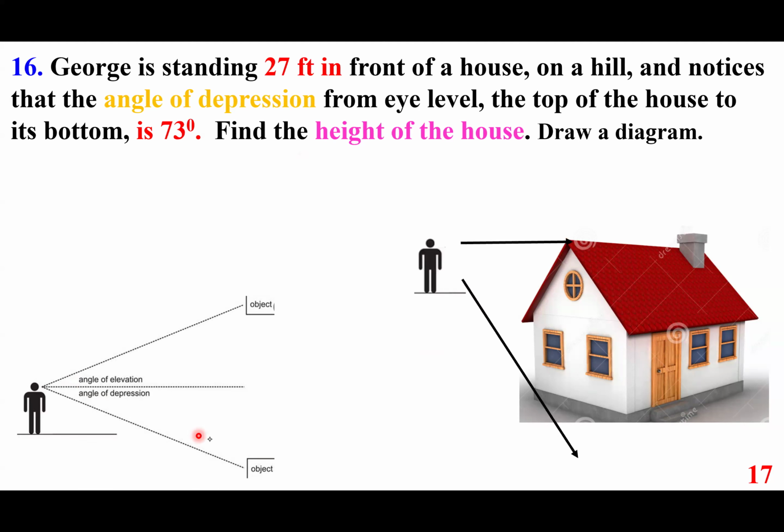So we are looking down this way. This angle is 73 degrees. This is the height missing, and this is 27 feet, everybody.